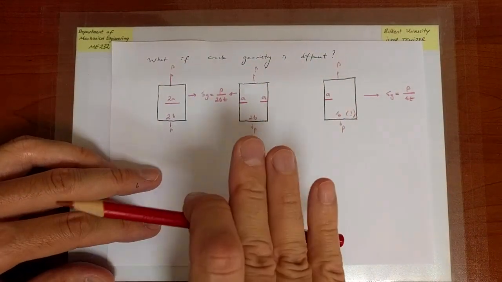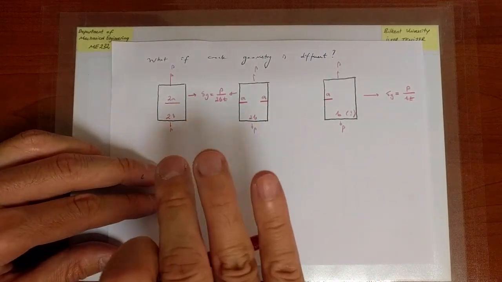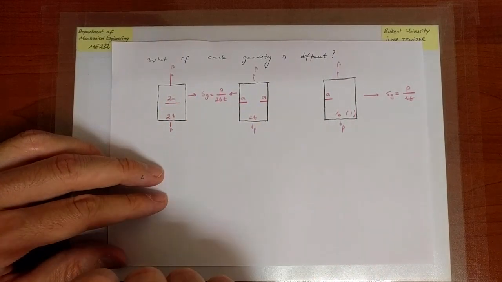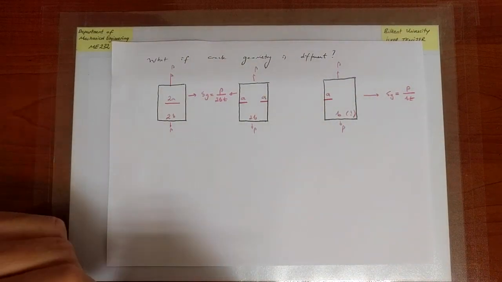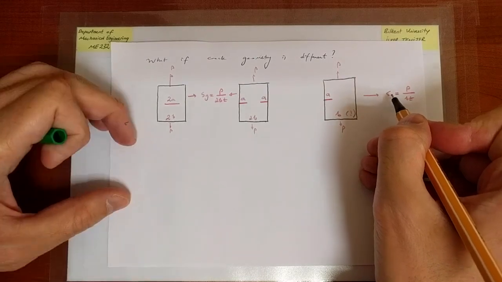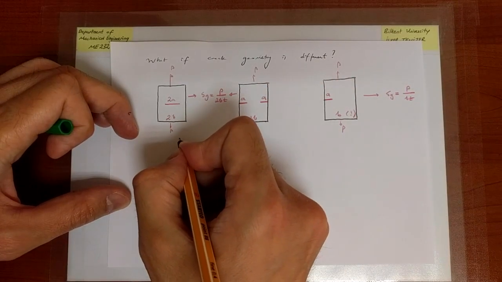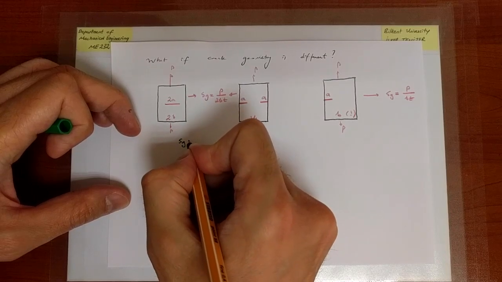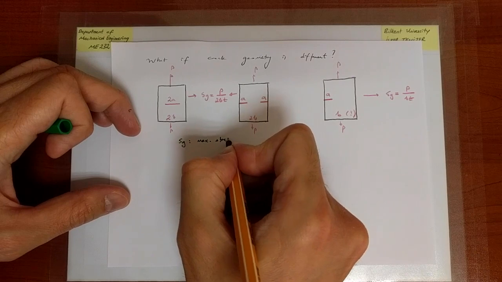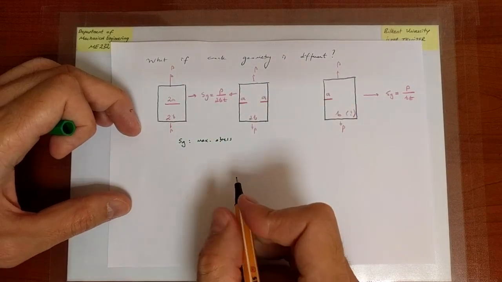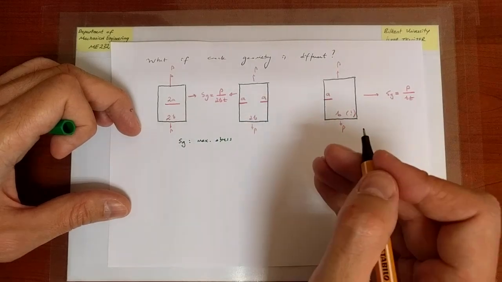In fact, this definition that I will now make and write will apply to more complicated loadings. SG is defined as the largest stress. Let's write it over here. SG, maximum stress, obviously in the normal direction in this case. If it's a torsion type loading, it will be the shear stress.